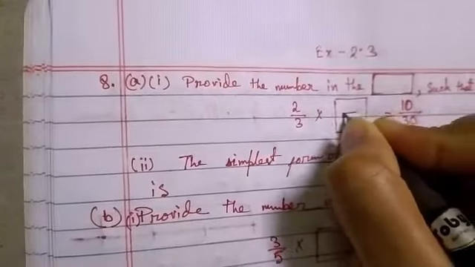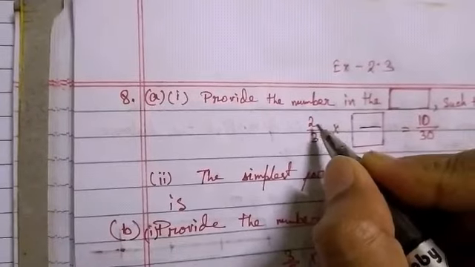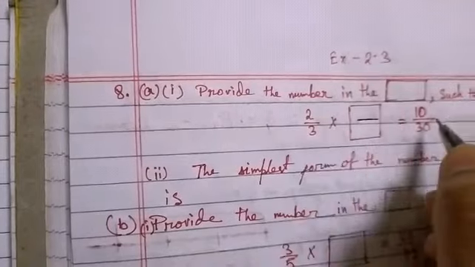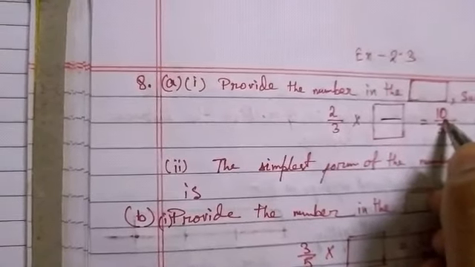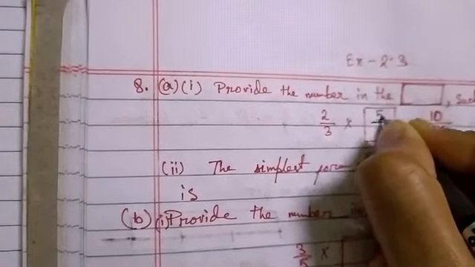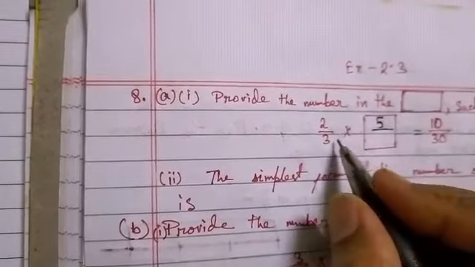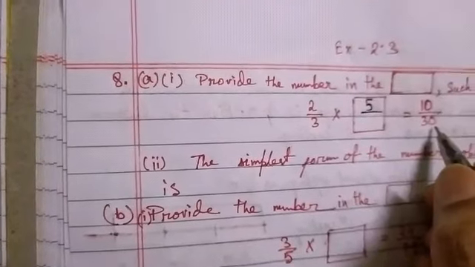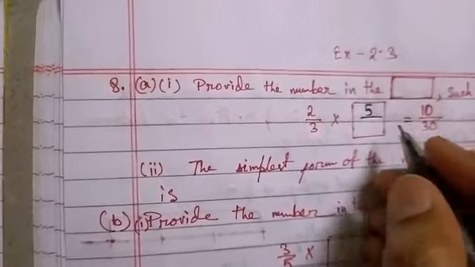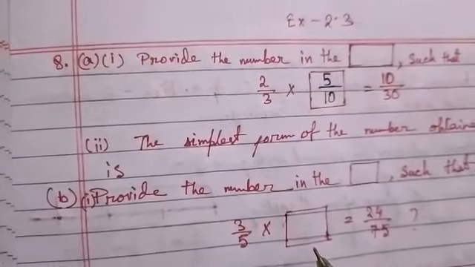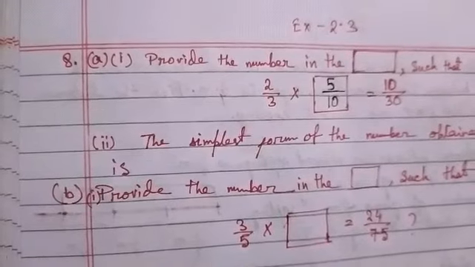That means by which this 2 will be multiplied, then 10 will come. Obviously 2 5s are 10. That means here will be 5. Then by which 3 will be multiplied, then 30 will come. 3 10s are 30. Then it will be this one, 5 by 10.